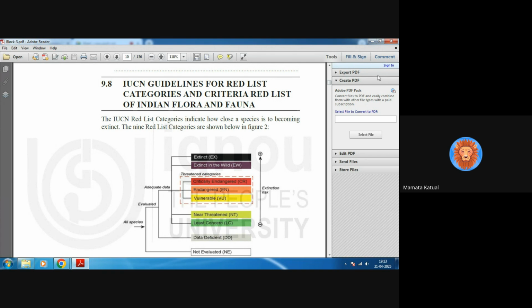In the diagram you can see at the top it is written extinct, or EX. That means they are not found at all. These organisms were once present on Earth, but are now not present. A common example is the dinosaur. Dinosaurs are extinct because once they were living, but they are not present today.